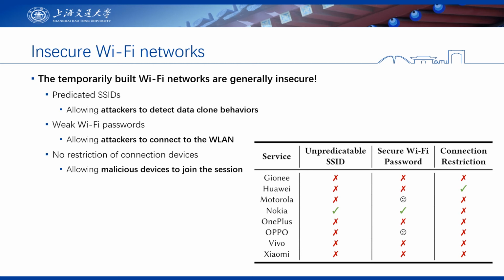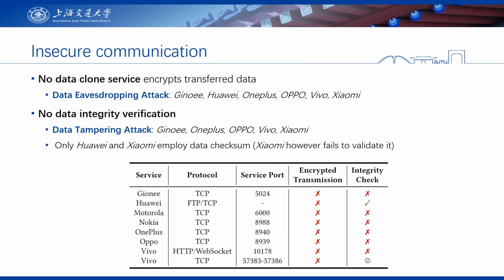What's worse, only the Huawei service restricts the number of devices connected to the temporary WLAN. We found that none of them used encrypted communication when transmitting data. In other words, they only rely on an encrypted network to guarantee data confidentiality. Therefore, a data eavesdropping attack is feasible on phones with an insecure network.